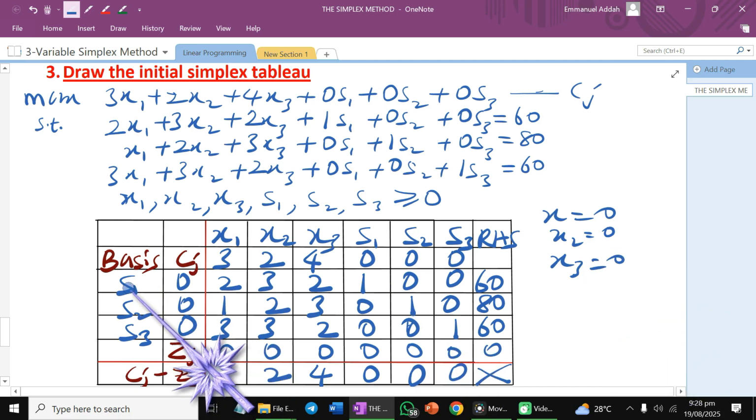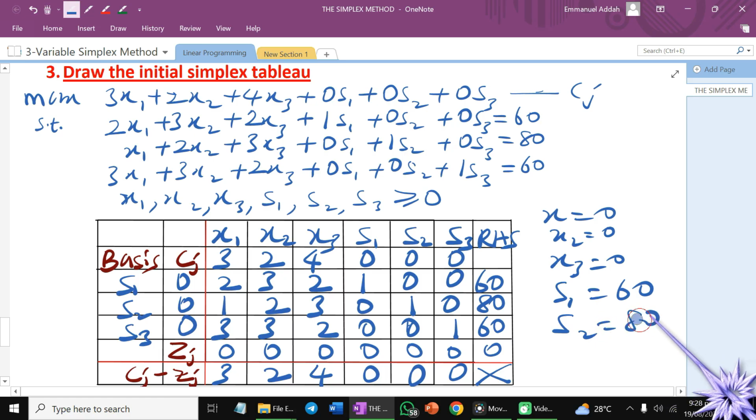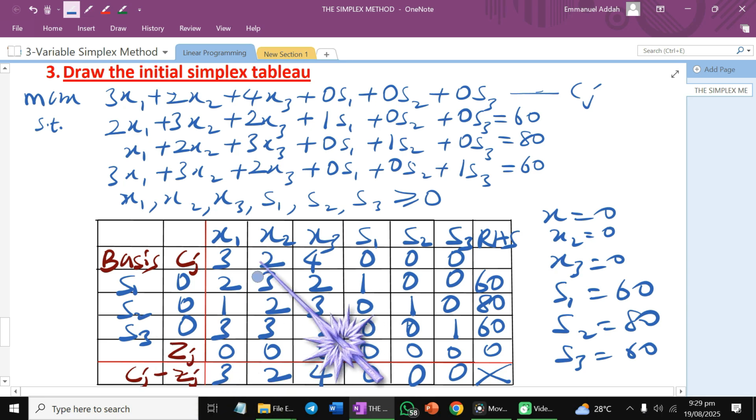S1, the slack variable, as a resource, has a value of 60. S1 is equal to 60, S2 is equal to 80, and S3 is equal to 60. Any variable that is not in the basis has a value of 0. This is the initial interpretation of this table, and with this, we have drawn the initial simplex tableau.